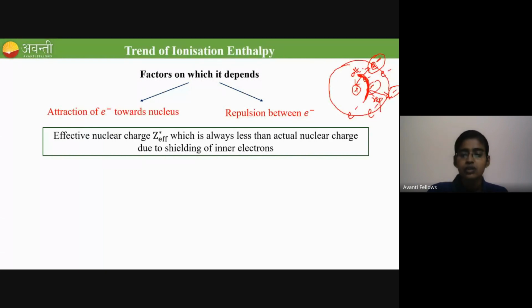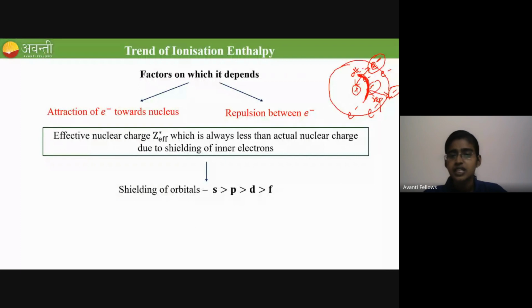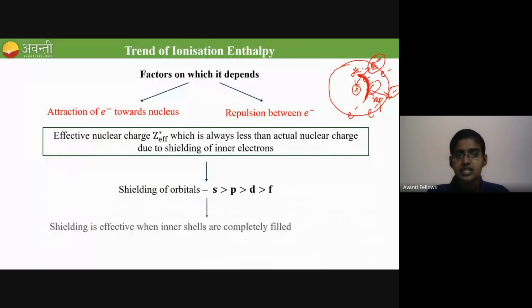Now I'll tell you the shielding effect of orbitals. Which orbital electron will shield more effectively? It is the s orbital. s orbital electrons will shield more effectively than p, then d, and then f. And shielding is effective when inner shells are completely filled. If this is the nucleus and these are the shells, these two are the inner shells, K shell and L shell.